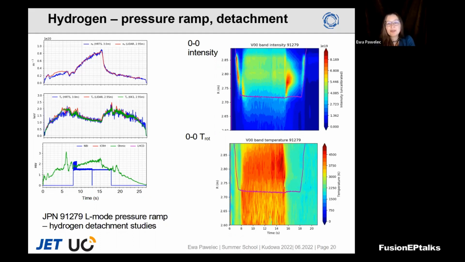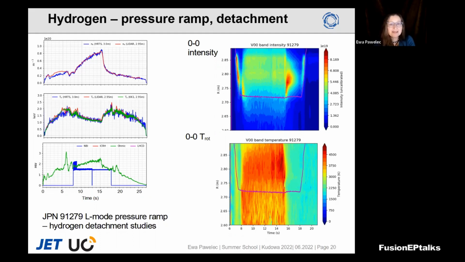Detachment is that we are, let's say, diminishing strongly the flux of the ions to the strike points, those places where the separatrix ends in the divertor. This is a very important thing because we don't want the divertor to melt.